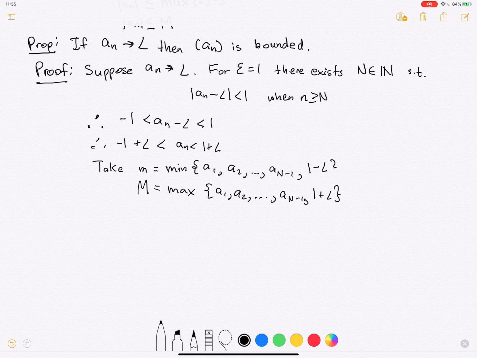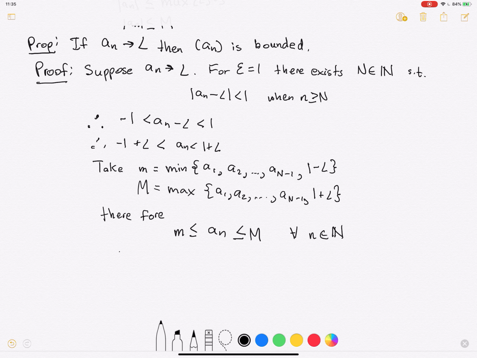Plus L. Therefore, m is less than or equal to a_n is less than or equal to M. So it has an upper bound and a lower bound for all n a natural number.